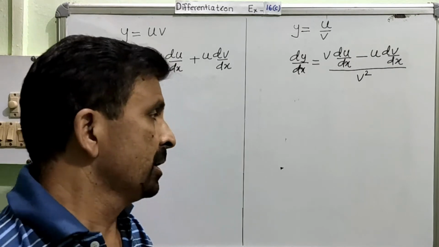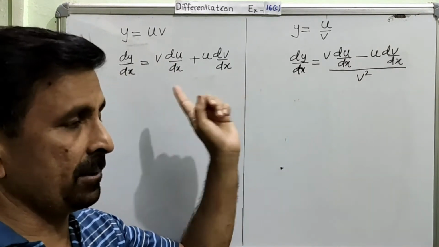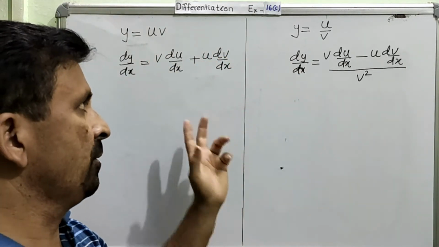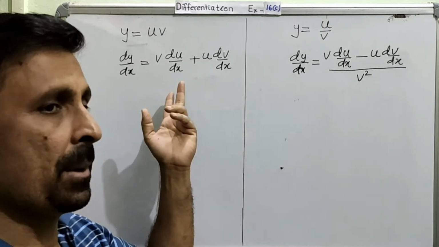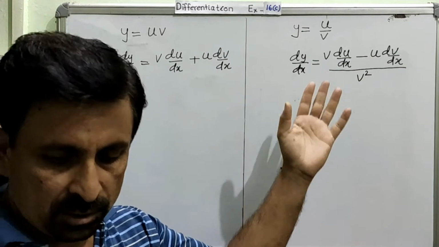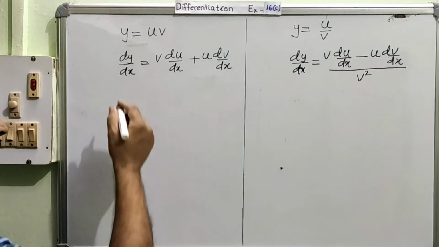Is it very clear? But now we have learned the method of differentiating product-form and quotient-form functions. So we will differentiate the product form by the product method and the quotient form by the quotient method.